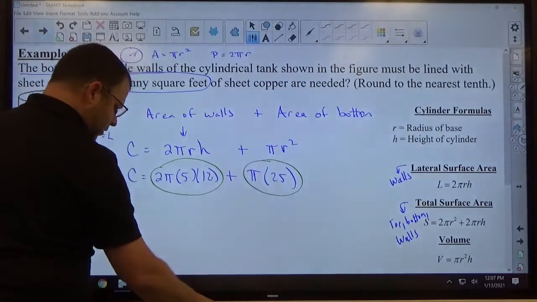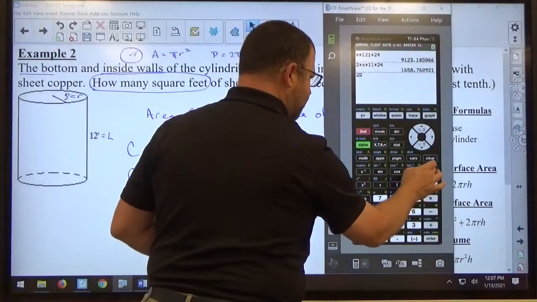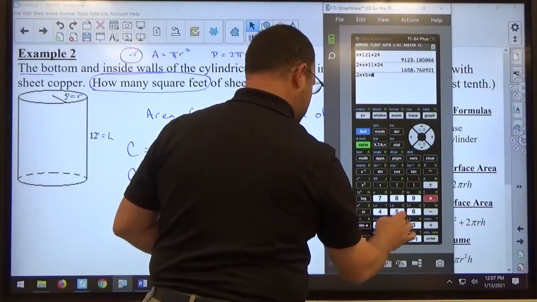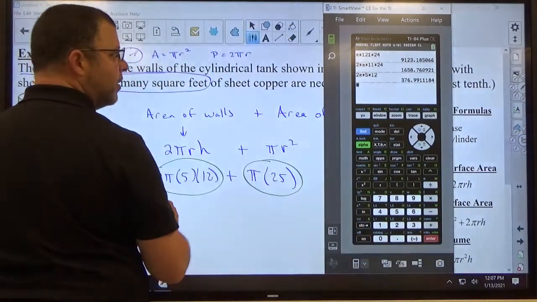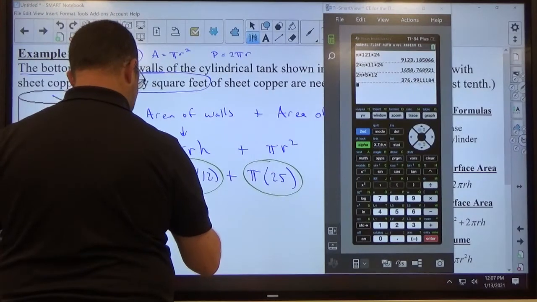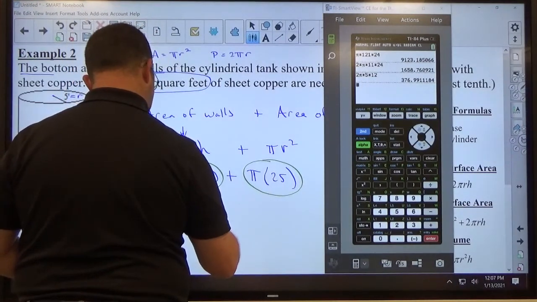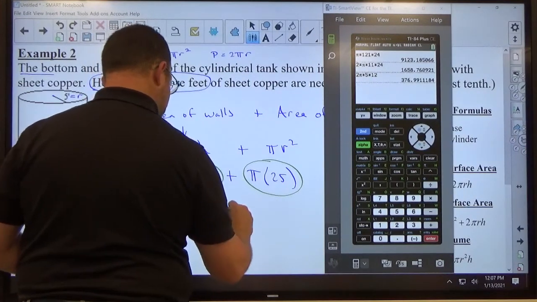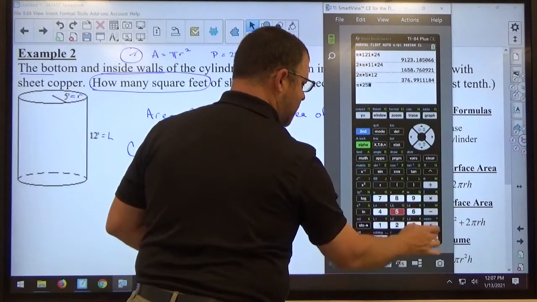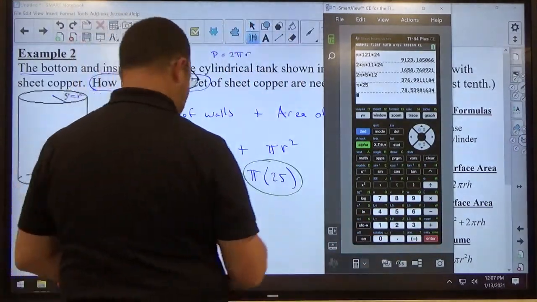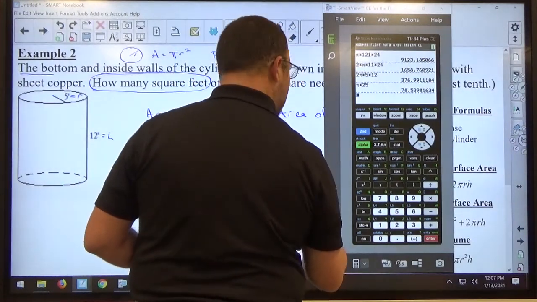If I'm doing this on a calculator, I could type in 2 pi times 5 times 12, hit equals, and this bit here is going to be 376.9911184. And if I do pi times 25, that bit comes out to 78.53981634.